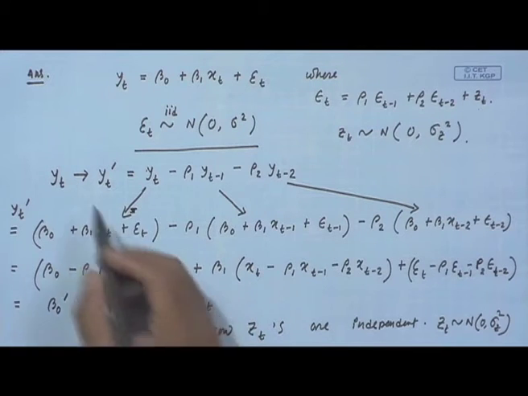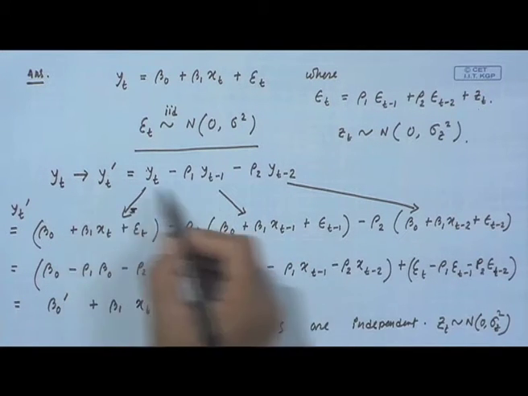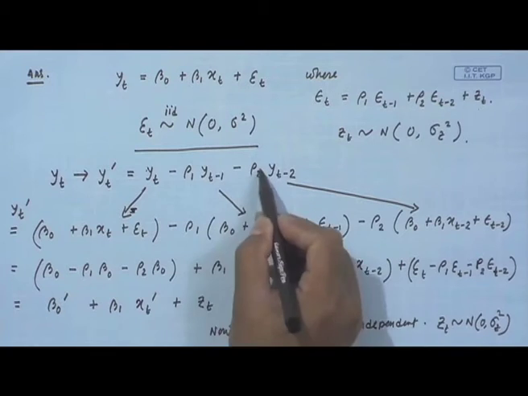So, now you are in a position to apply your ordinary least square technique to estimate the regression coefficients beta naught prime and beta 1. But the problem is that this y t prime involves rho 1 and rho 2.